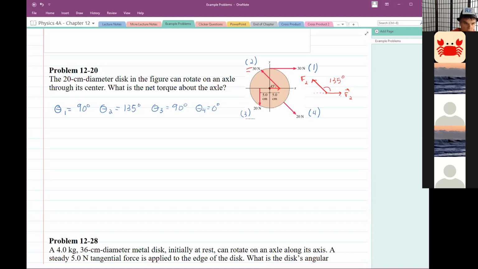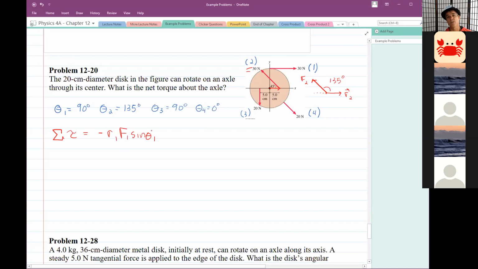So if I want the sum of the torques, keep in mind torque 1 is producing a negative torque. Torque 2 and 3 are both producing positive torques. But let's just write the entire thing out. What this would be: negative R1 F1 sine of theta 1.